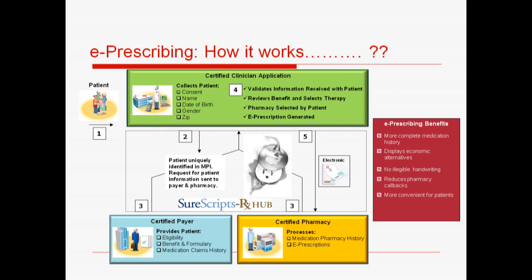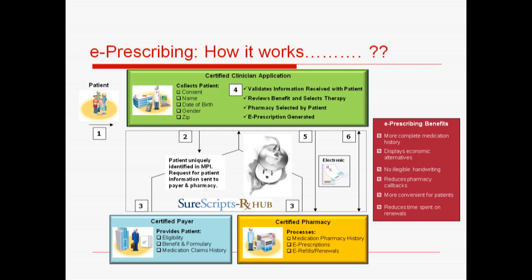It has been reduced because everything is typed. There is no chance of handwriting error. It will reduce pharmacy callbacks because there is proper communication between the pharmacist and the prescriber. And ultimately it will lead to more convenience for the patients.